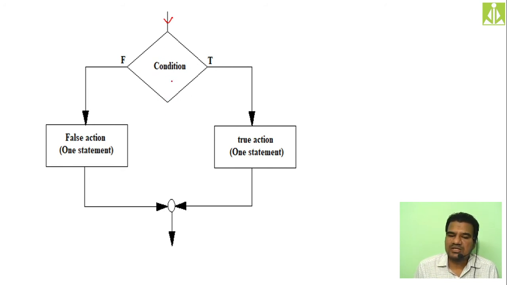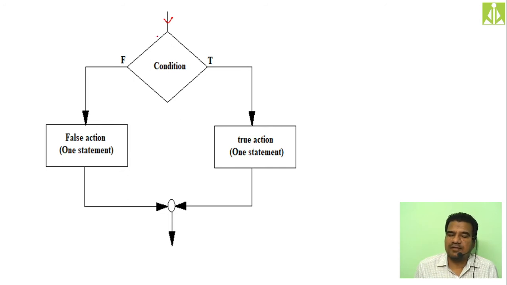If that condition is true, the true action we represent at the right hand side, and the false action we represent at the left hand side. Remember this. T will represent the true statement, and whatever logic we want to put, we put in the true action. False will cause the control to move in the other direction, and whatever logic you want there, you put in the false action.